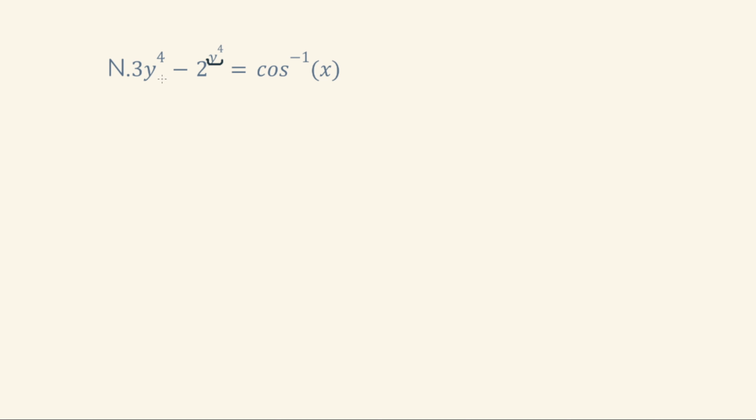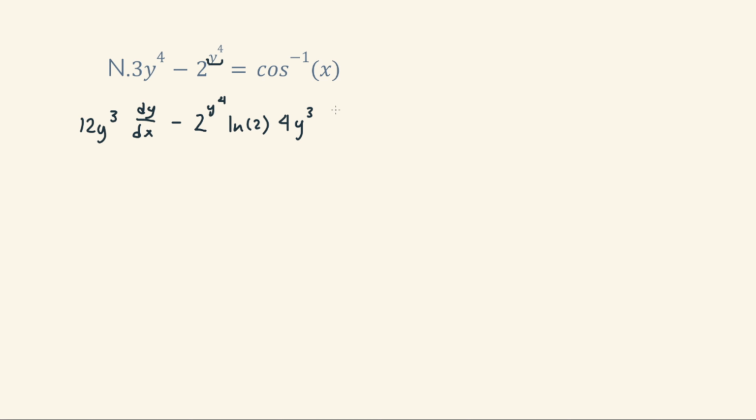So the derivative here of this first term, that's going to be 12y to the 3, and then we have a dy over dx, minus, and then this is an exponential derivative, so that's going to be 2 to the y to the 4. And then we have to take the derivative of, well, let's not forget that ln 2 first, okay? The derivative of that y to the 4. So it's going to come out to 4y to the 3.